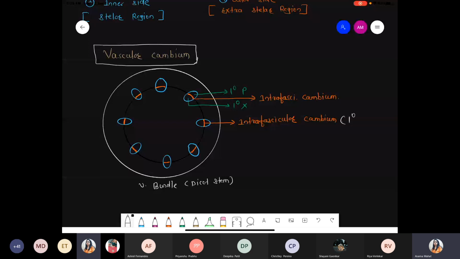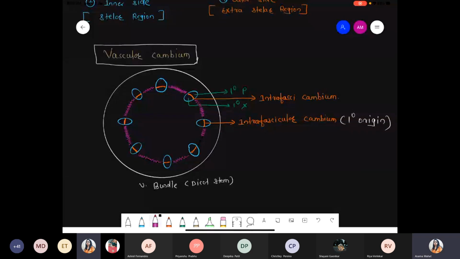Now what happened between the two vascular bundles? Now there is a presence of another fascicular cambium, that is called the interfascicular cambium. And quickly tell me, origin क्या होगा? Interfascicular cambium, is it primary in origin or secondary in origin?